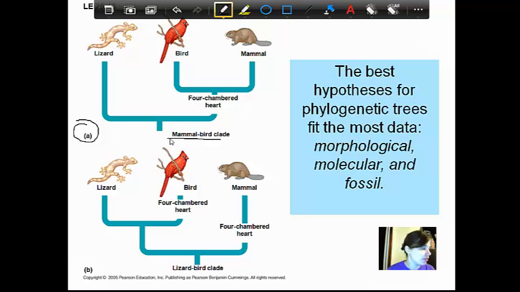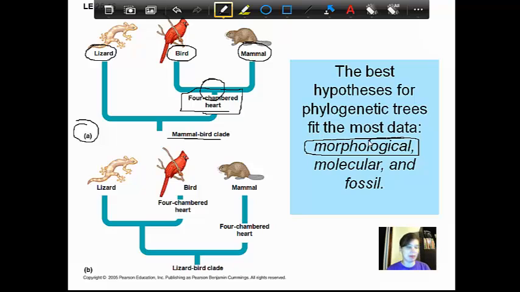We could say that the lizards went their own way first, and then birds and mammals are more closely related because they share a more recent common ancestor, and they both have a four-chambered heart. That's a shared derived character that makes the bird and the mammal more closely related. That would be the morphological data: when you open them up, they both have a four-chambered heart, which would make you think they're pretty closely related compared to a lizard.